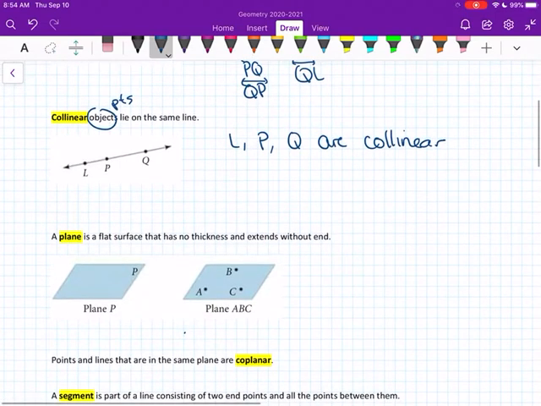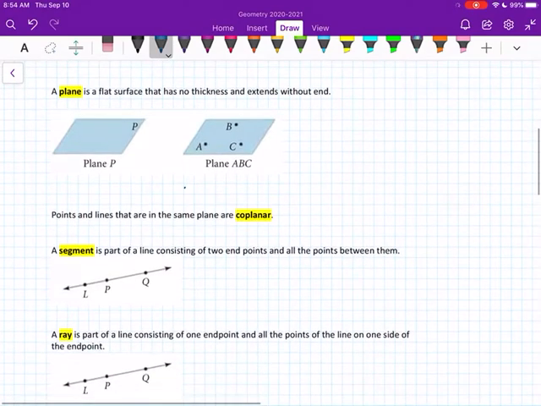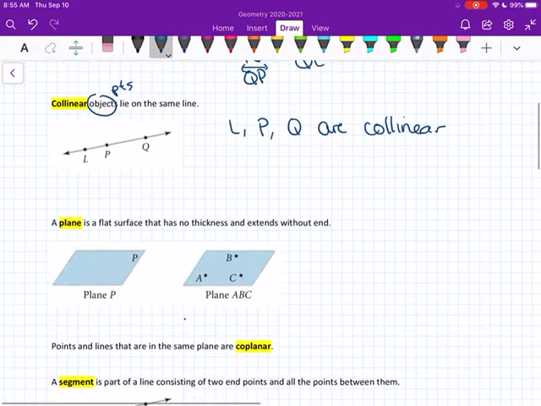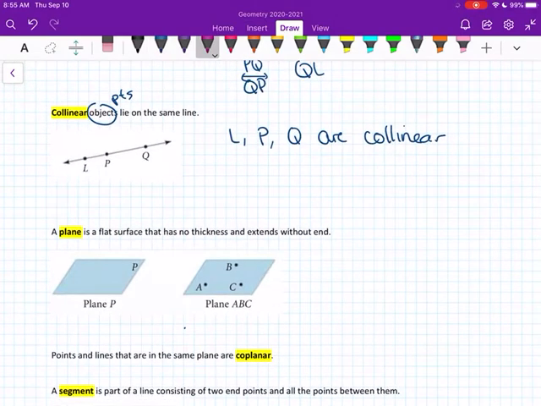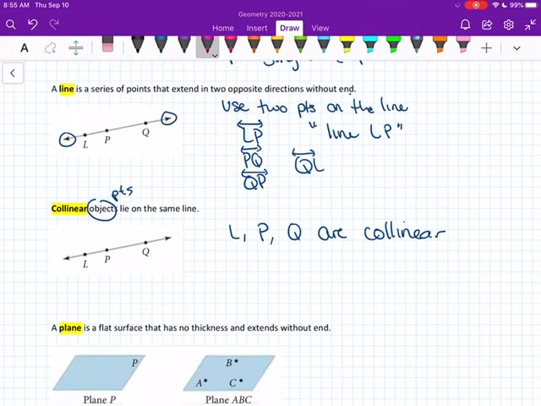A plane is a flat surface that has no thickness and extends without end. So think about a piece of paper that has no edges, just a flat piece of paper that goes on forever and ever and ever. And for a line, I forgot one way to name it. Another way to name a line, if I go back up here, is if there's a little tiny single lowercase letter, usually an L, an M, or an N. I don't know why we stick with the middle of the alphabet.